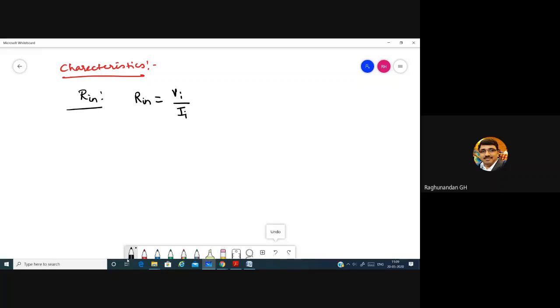In the same way, if you want to write an equation for the input voltage Vi, see, if this is the supply we are having, after that you'll have some source or series resistance, which we consider as a protective resistor, and after that you'll have the MOSFET.